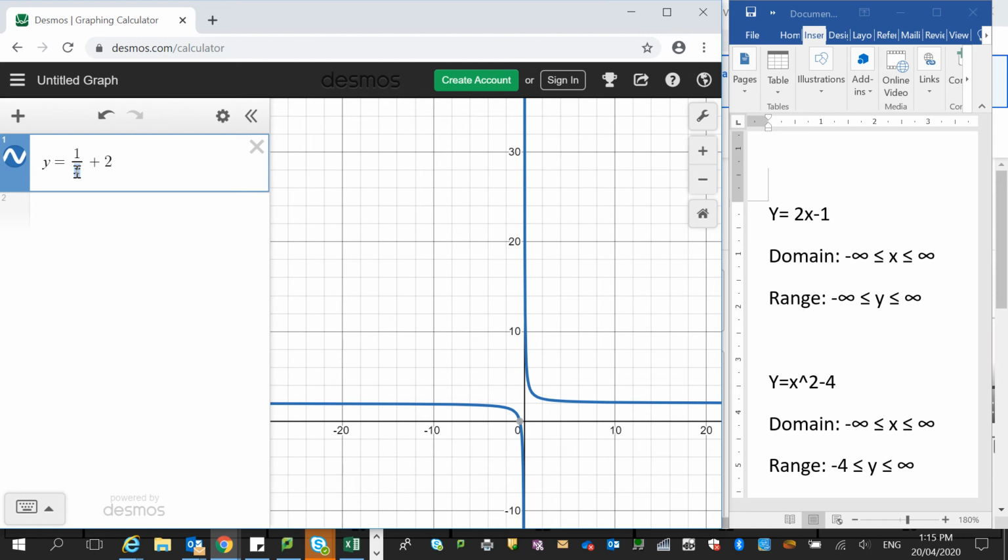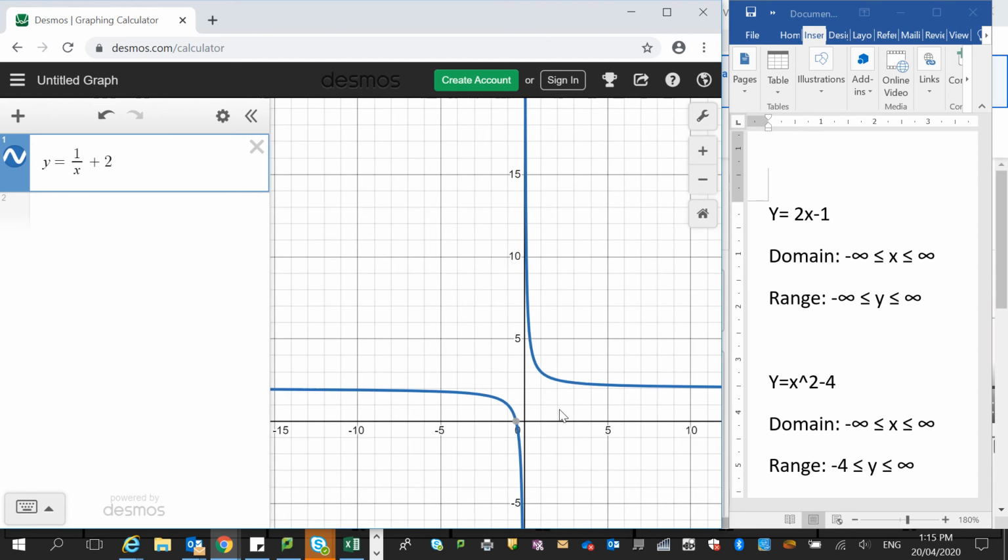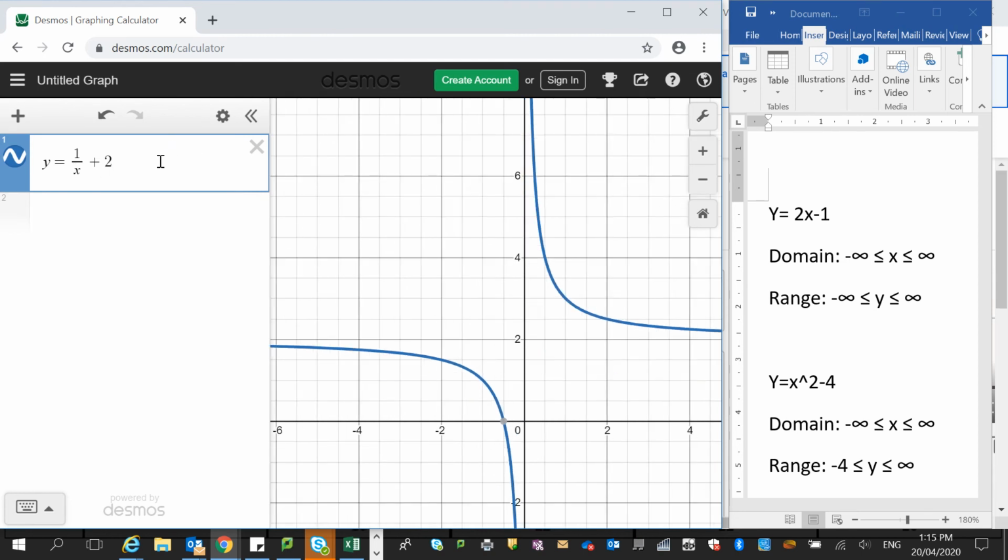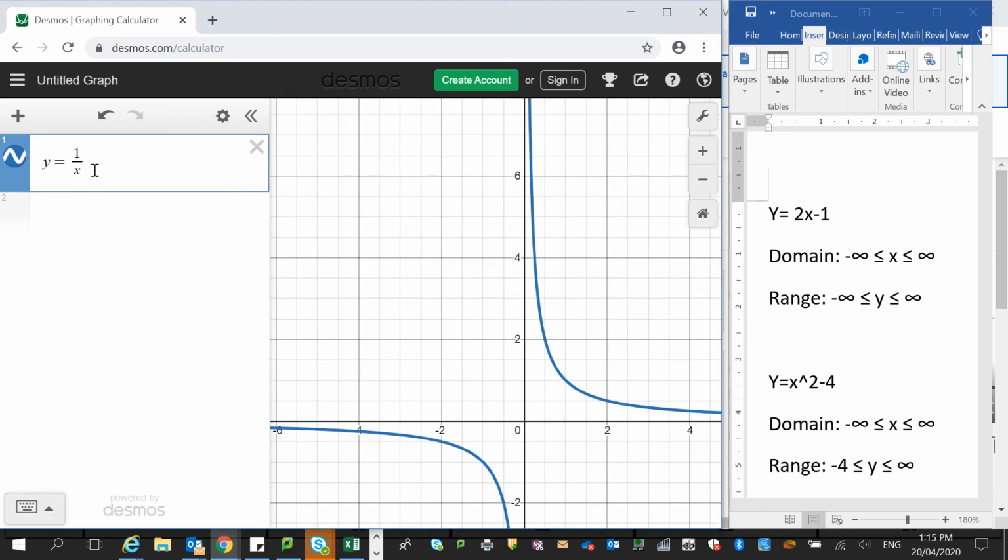Okay, so if x is 0, then I'll get rid of the plus 2. Plus 2 is not relevant here. If x becomes 0, then y can't be defined, and that's what we see here. We'll go into more depth with this later in the term.